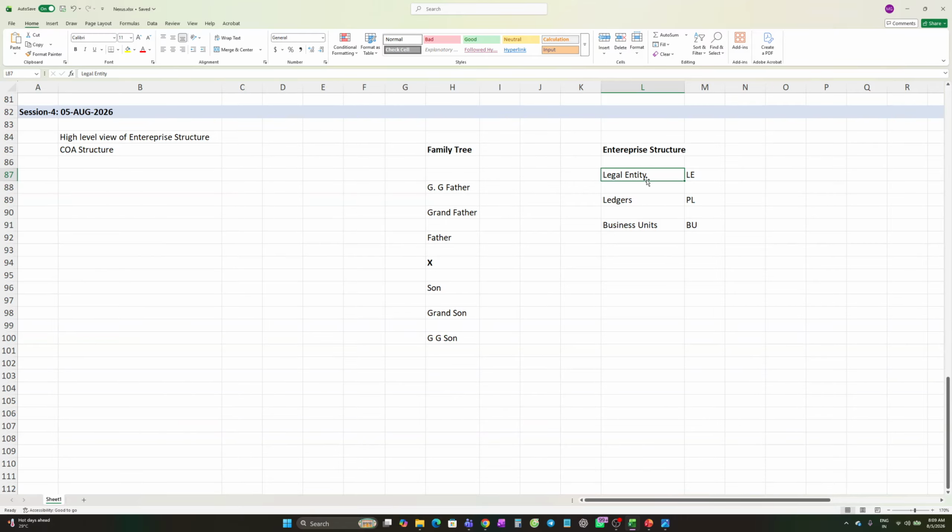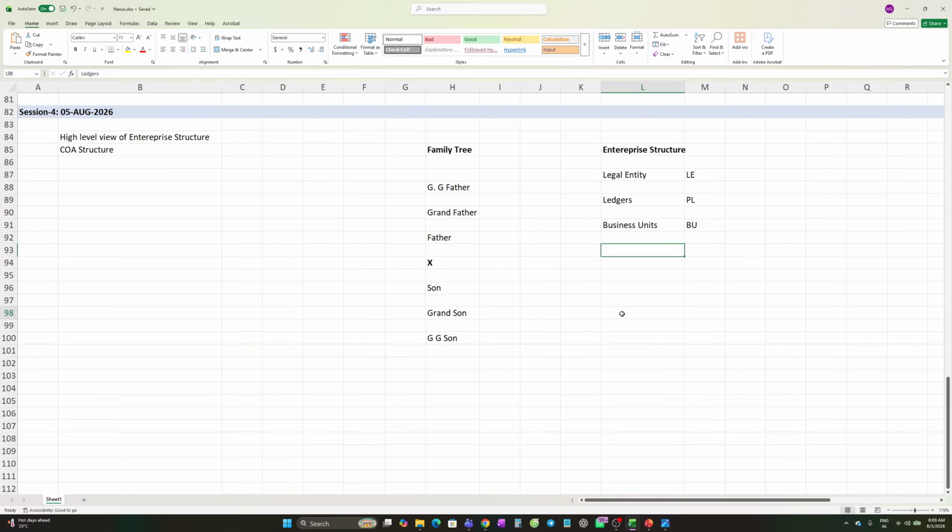The legal entity owns the data. The legal entity must be mapped with the ledgers.